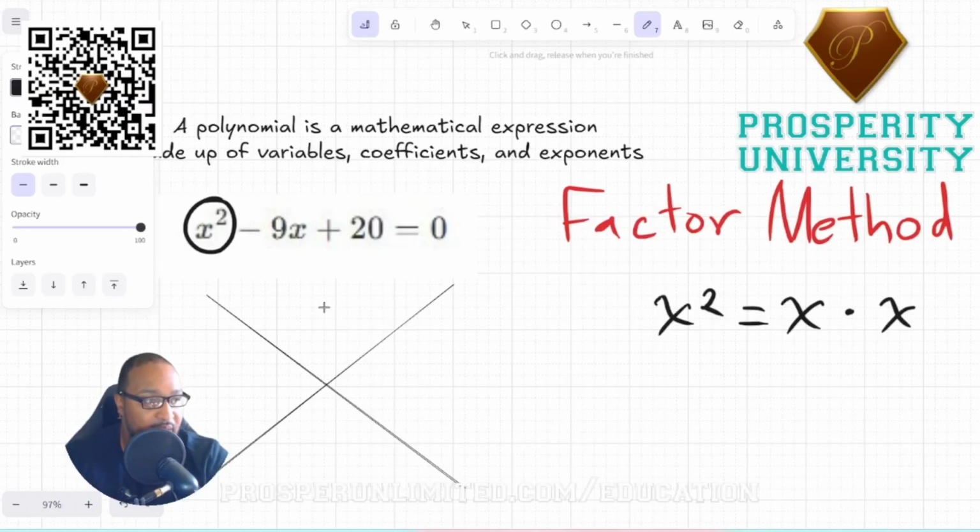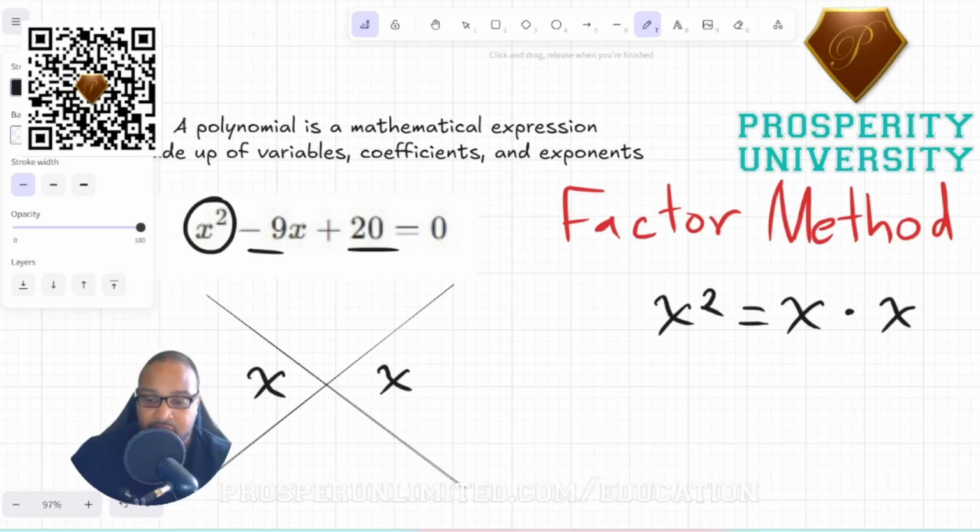So we already know off top there's no leading coefficient in it, so we don't have to worry about that. That's going to be a different situation. But for right now, we're keeping it simple. It's just x squared. So that means x times x. So we're going to put x over here and an x over here. That's what represents the x squared, right? And then we have the coefficient negative 9x and then the constant 20.